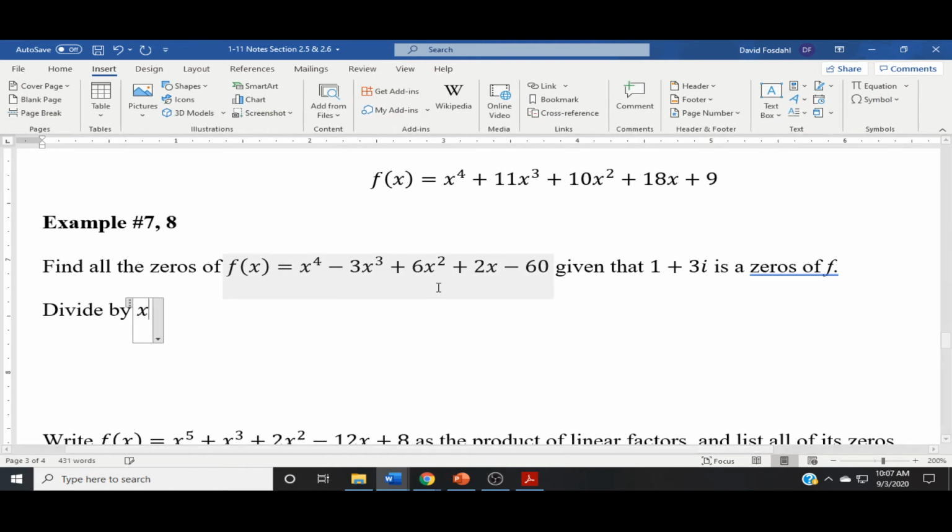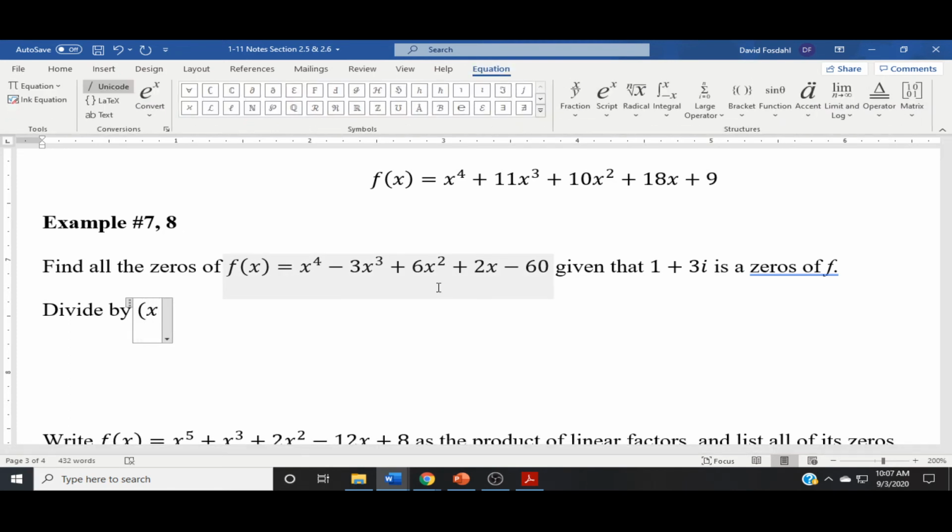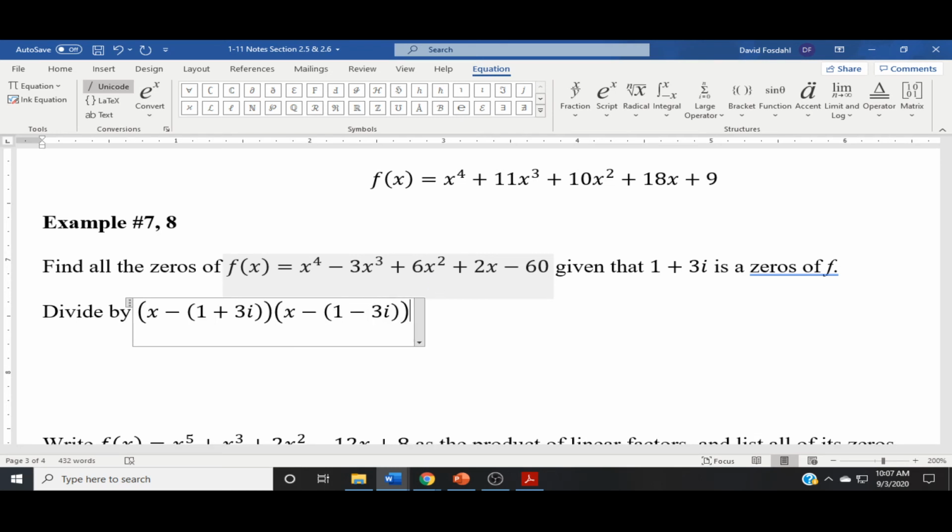Remember they go in complex conjugates, so you're going to divide the function by x minus 1 plus 3i times x minus 1 minus 3i.